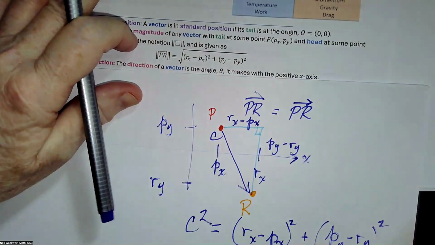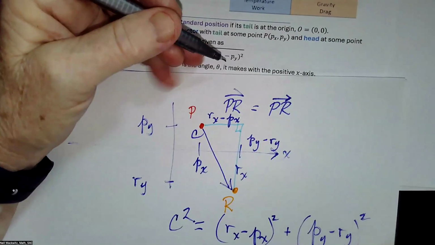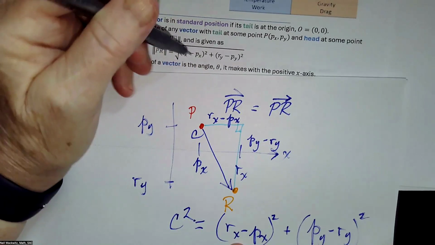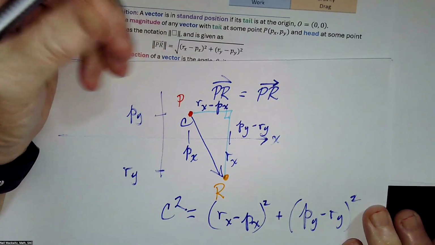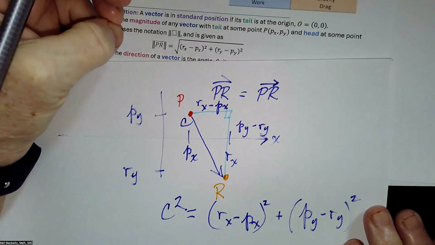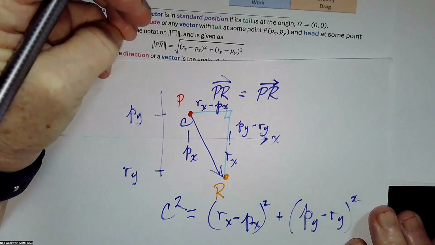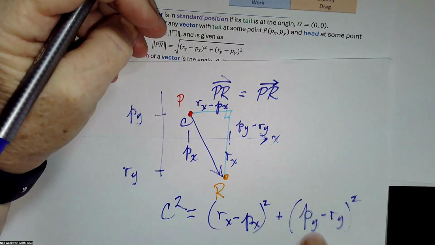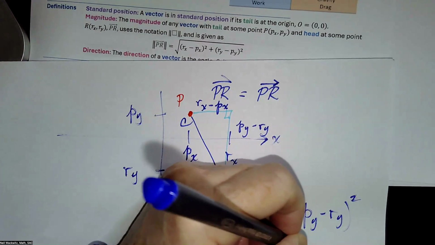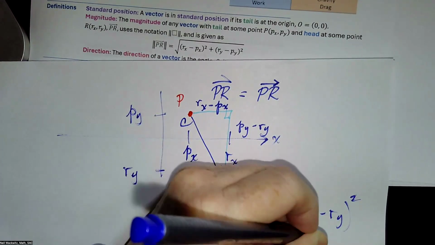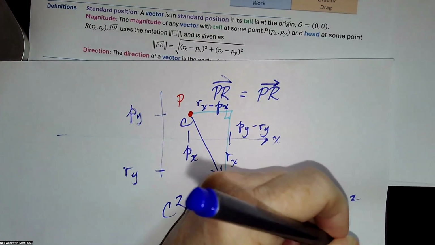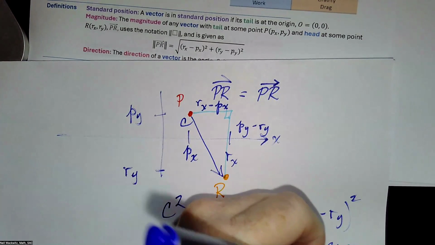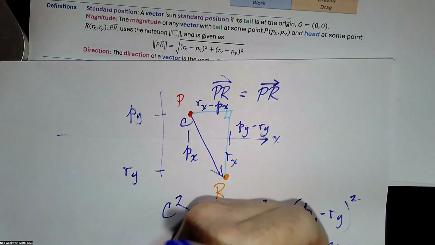Oh no, we had the wrong order here. But why is it okay? If we're squaring, why does it not matter what order we have? Because it'll stay the same. That's right. So here we'd have P sub y squared minus 2 P sub y R sub y plus R sub y squared.